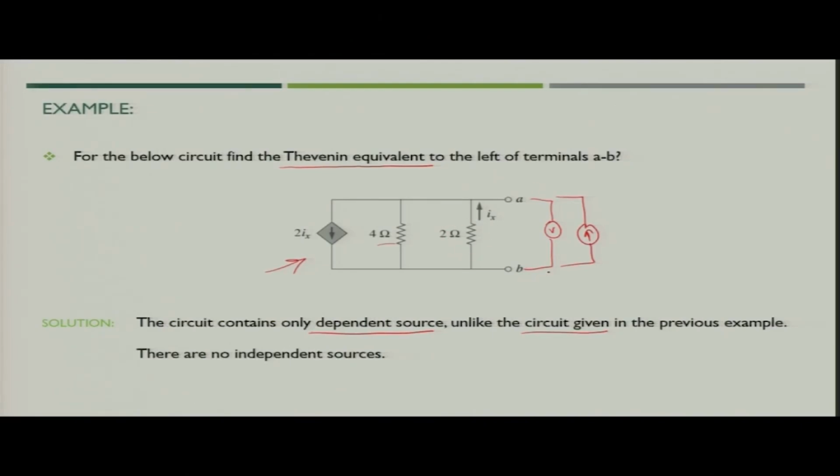So, unless we have an external source, you cannot energize this circuit. That means if you have the A and B terminals open circuited and you want to find the open circuit voltage across terminals A and B, this will always be 0, because there is no independent source to supply power to the circuit.